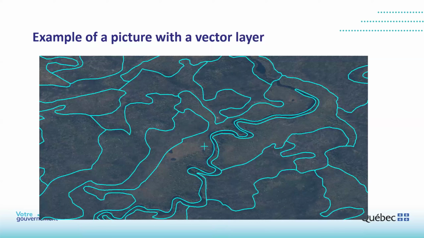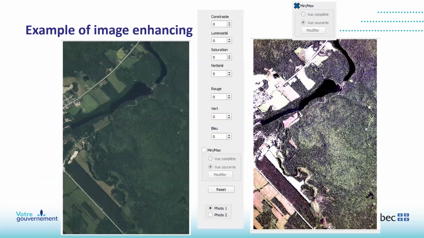This is an example of a picture with a vector layer. As you can see, the river is identified by the vector layer, and other tree groups are also defined by the vector layer. And this is an example of the image enhancing that is available in the plugin.